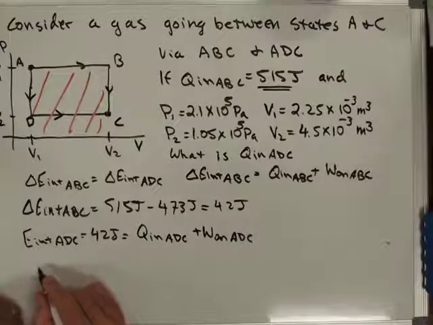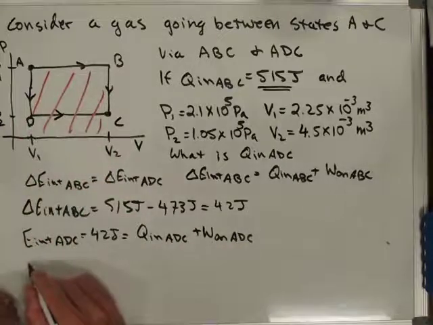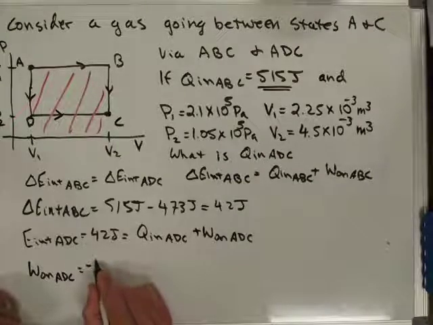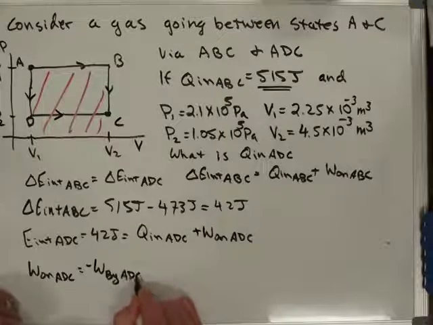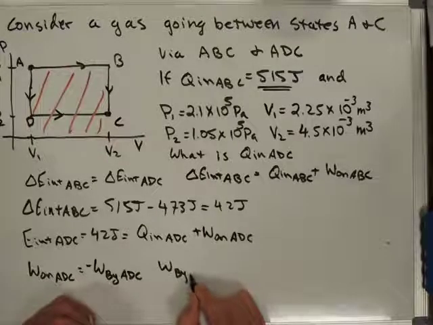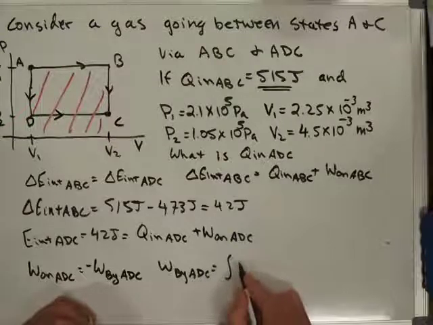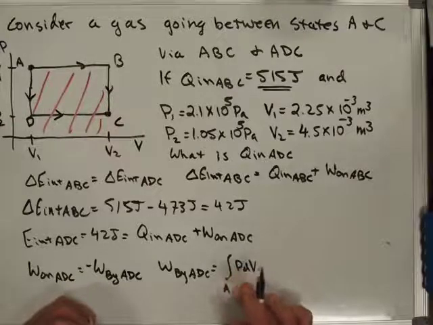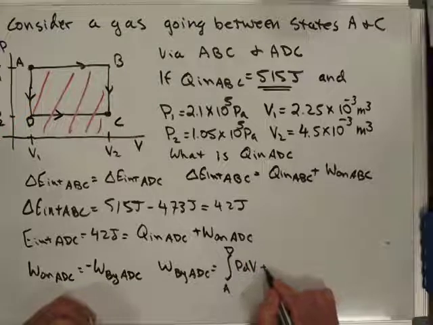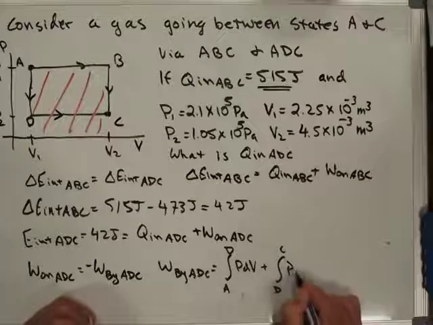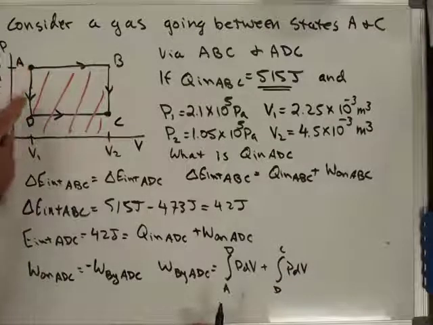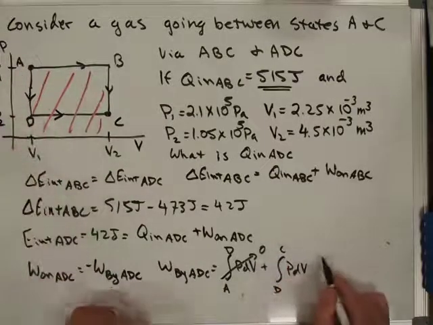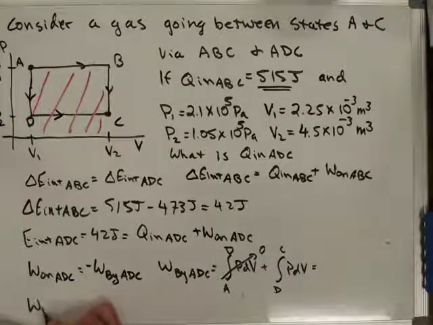And so once again, work on going from A to D to C is minus the work by, and the work by going from A to D to C is the integral of P dV from A to D, plus the work done going from D to C. Here, the work done from A to D is 0 because there's no change in volume.